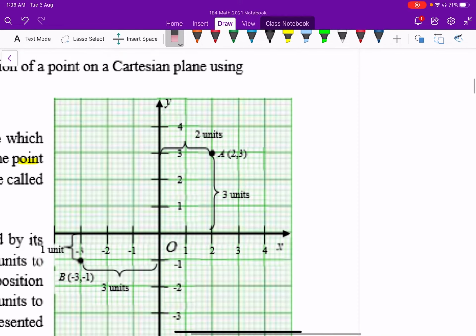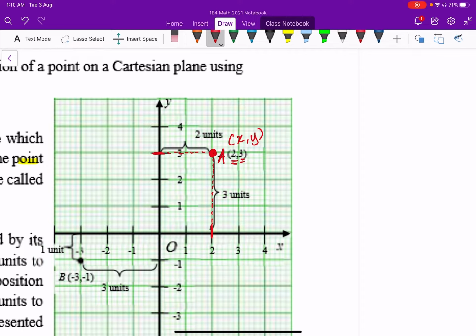For example, this point A over here. What is the name of this point? We call it A. But if I ask you to describe this point mathematically, what will you call it? We will always call it by x first, then the y. How do we do that? From here, we draw a dotted line down, and if it's at 2, then we'll call it 2. Then we go across. If it touches the y-axis at 3, then we'll call it 3.